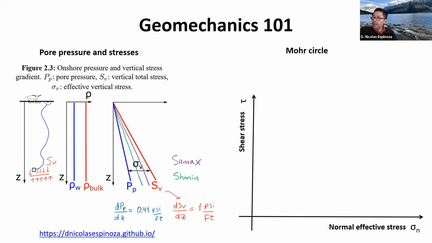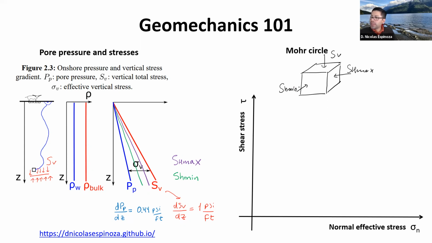But the main message from this is that we have three stresses: the vertical stress and two horizontal stresses. So if we now make an abstraction of this and imagine a cube, which is the same cube that we have over here, then we're going to have a vertical stress, a maximum horizontal stress, and a minimum horizontal stress.